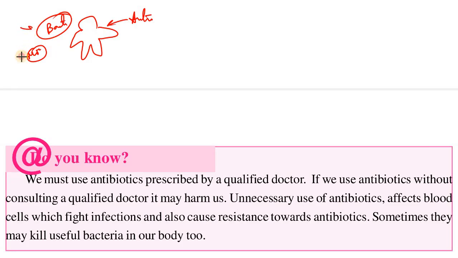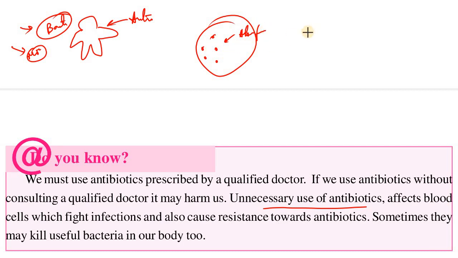The first thing is identification of the microbe. Next, if we unnecessarily use antibiotics, suppose whatever has invaded the body of a human being has already been killed by the antibiotic, but you are still taking more and more of the medicine, the antibiotics, inside your body.